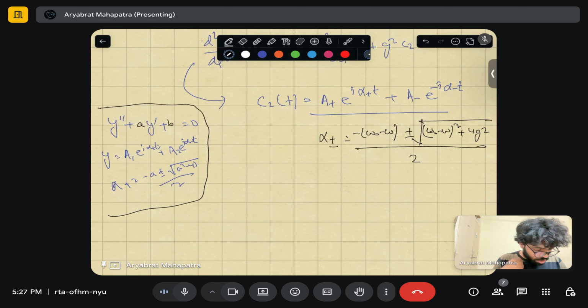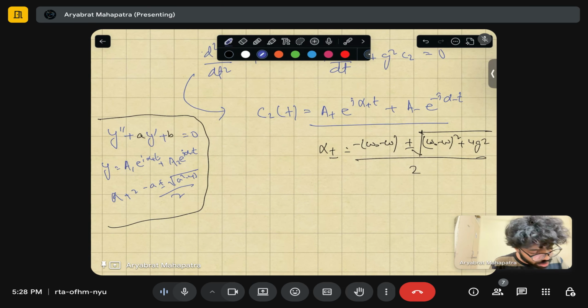Then the last thing you need to find here is the initial condition. Similarly, you will also have c1 of t. For c1 of t you can write it as 1 over z exponential i omega naught minus omega t dc2 by dt.